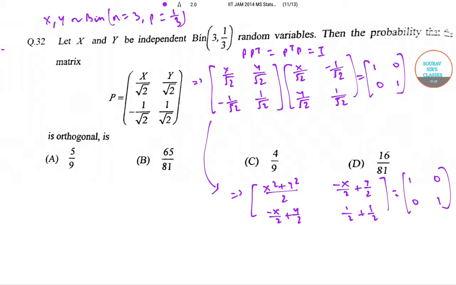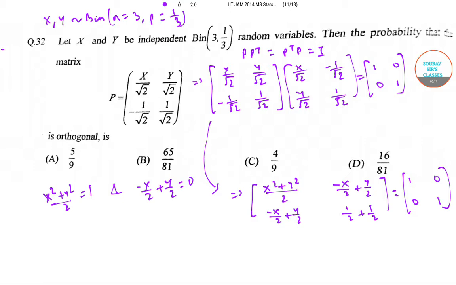Thus the matrix will be orthogonal only if (x squared plus y squared) by 2 is equal to 1 and minus x by 2 plus y by 2 is equal to 0.